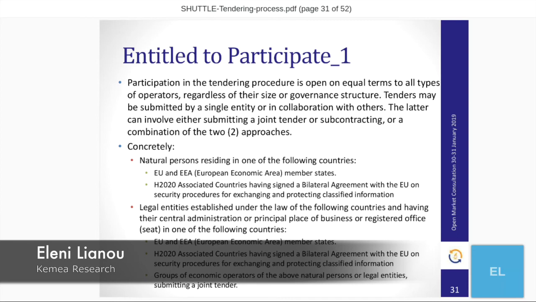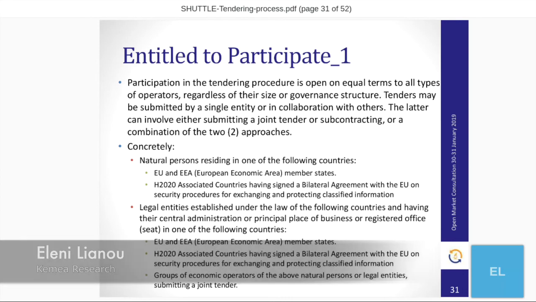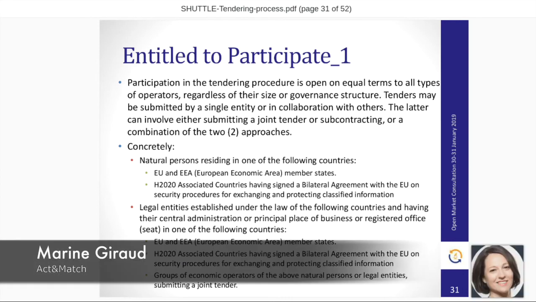So if I understand correctly your question, companies outside the EU or Horizon 2020 associated countries cannot be part of a tender. But if you want to raise some additional questions, please do so.